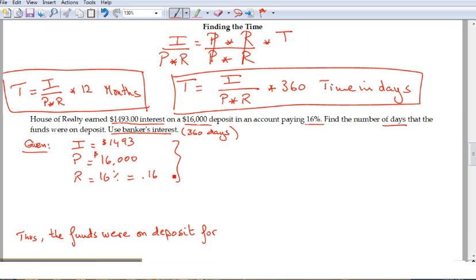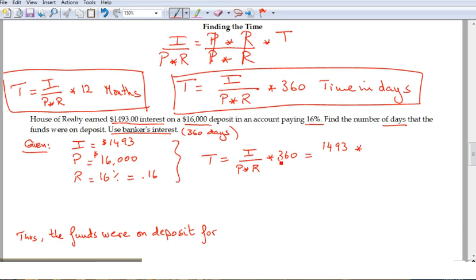Now it says find the number of days that the funds were on deposit. So the time is, I'm going to use this formula here, because it's time in days. The time is interest divided by principal times rate, multiplied by 360. Now I'm just going to apply what's given and plug in the values.